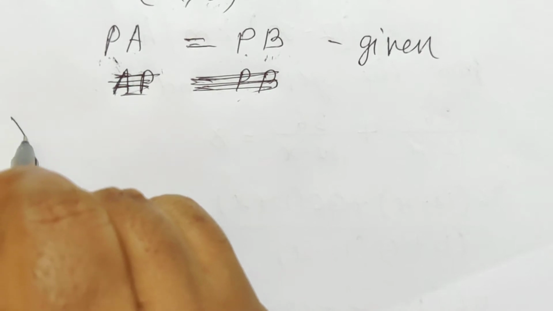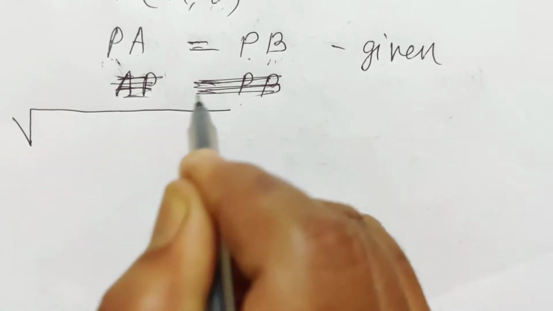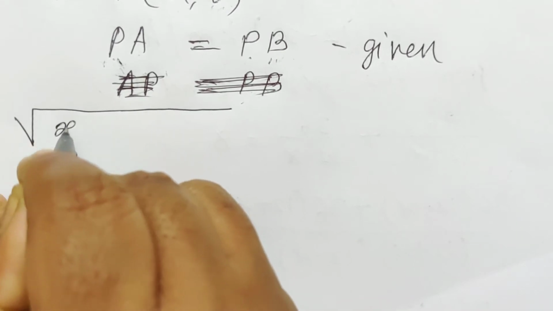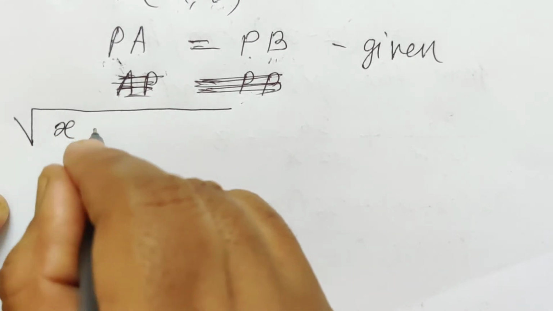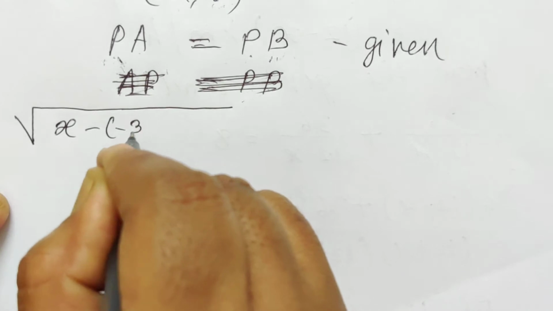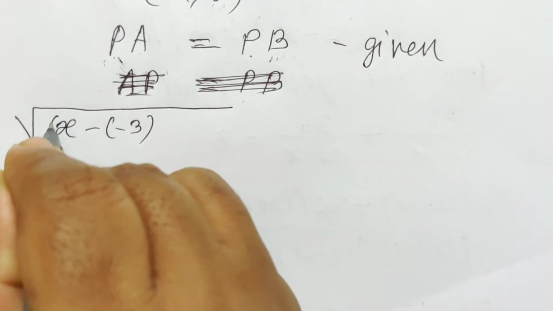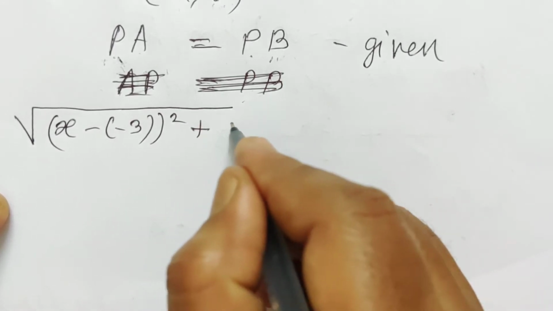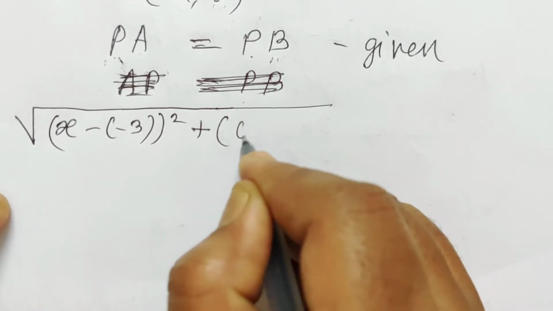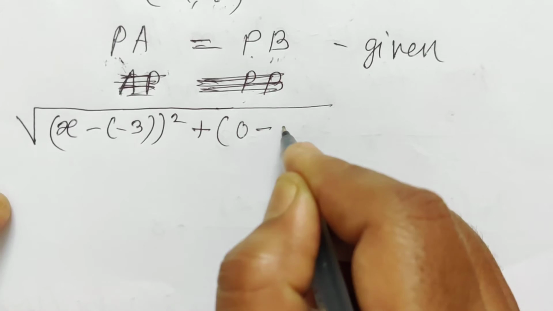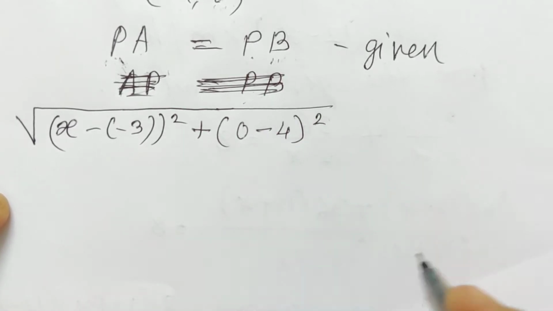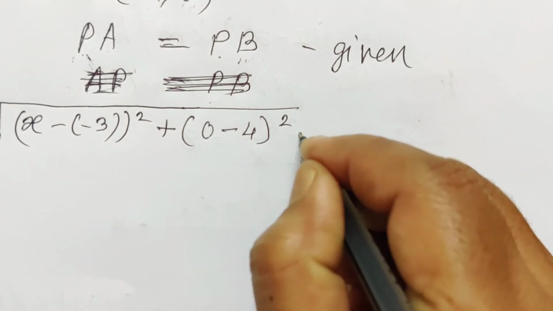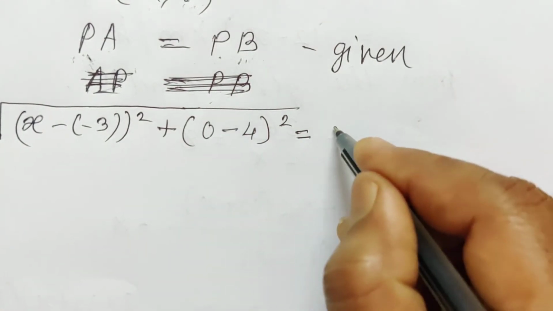Under root, x minus -3 bracket square plus 0 minus 4 bracket square, equal to, now PB.